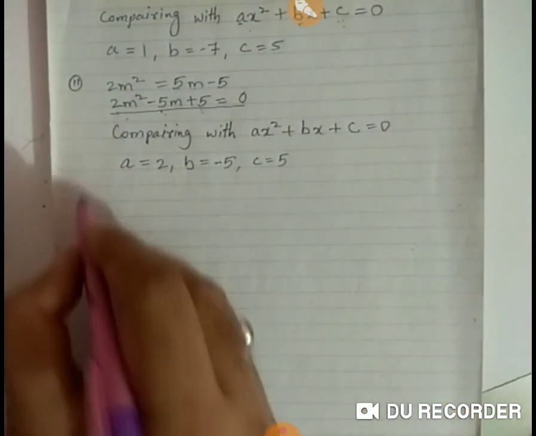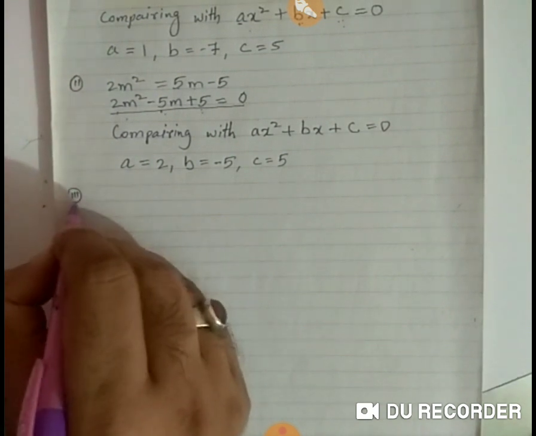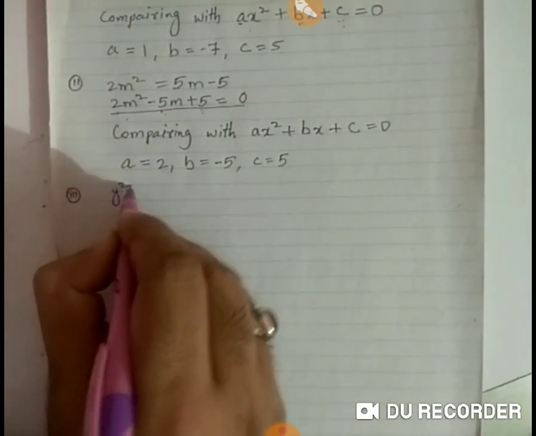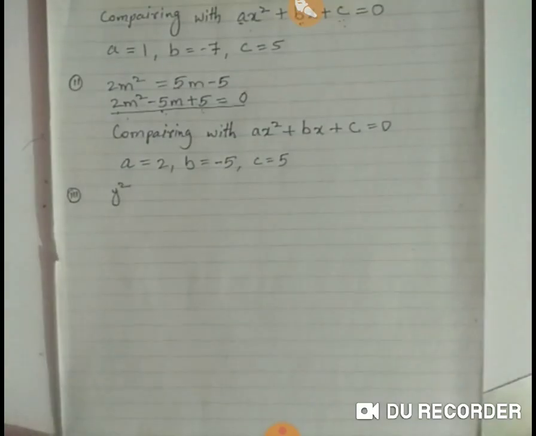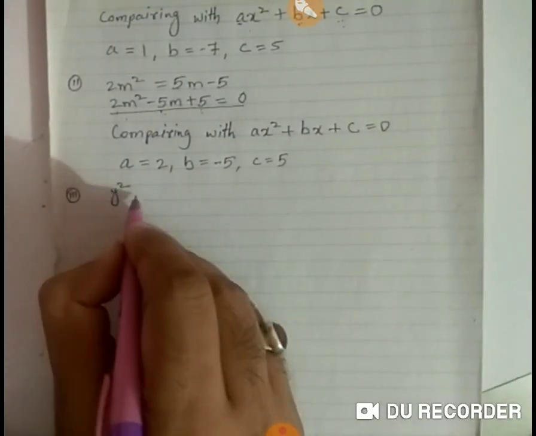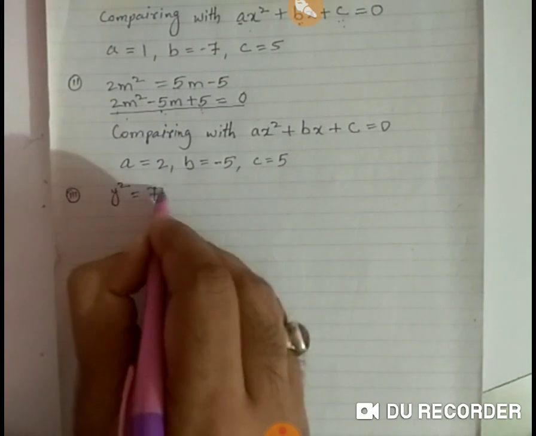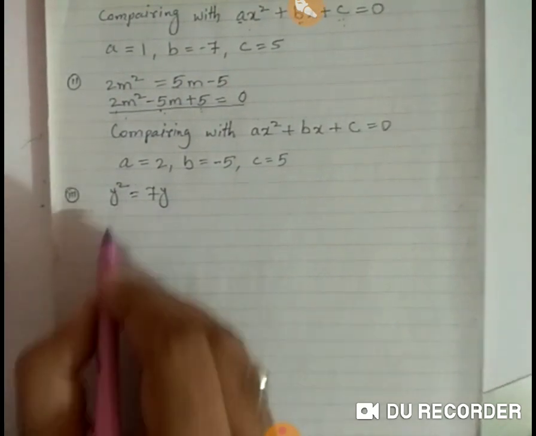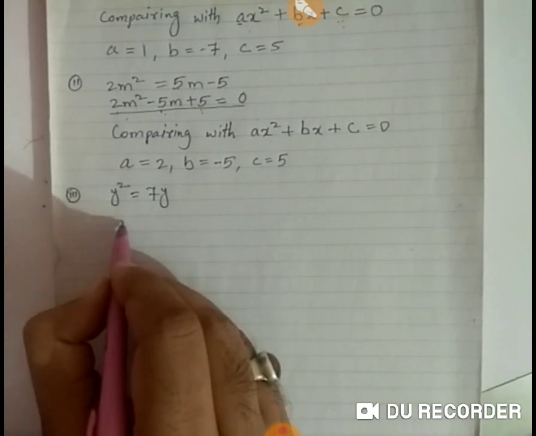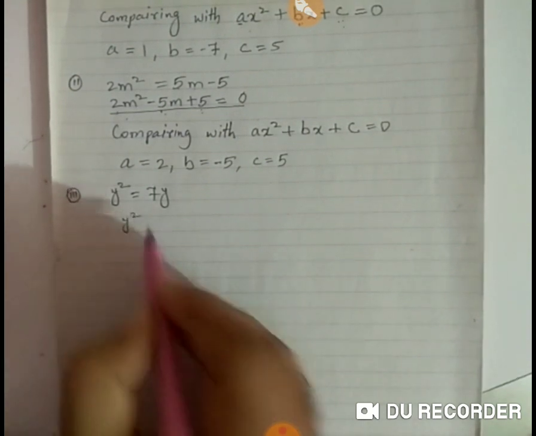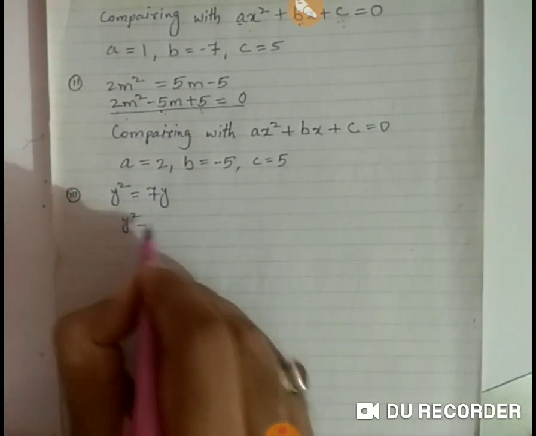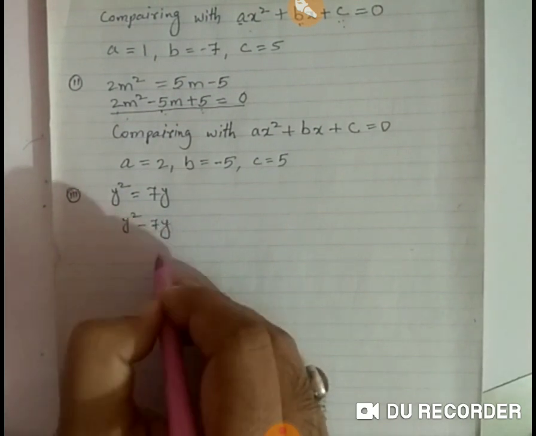Now your third equation, y square is 7y, right? So this is your third equation. I can write this equation in proper order. y square on its place. This is positive 7y. I can bring it to the left hand side, it will become minus 7y, right?